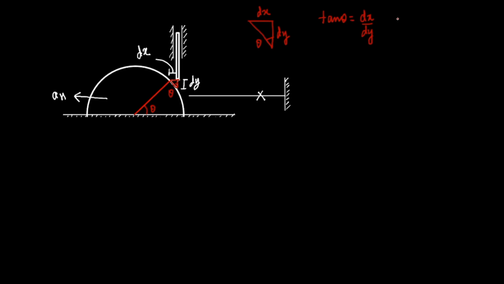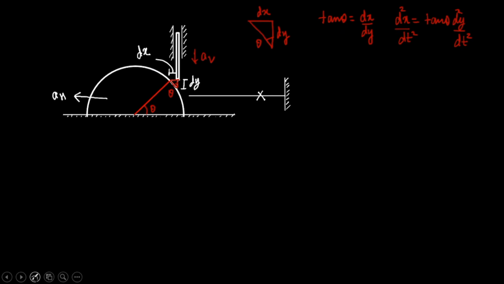So you can write dx is tan theta dy. If you differentiate with respect to time and do it twice, then you get the relation between AH, let us say the initial acceleration just after the string being cut of the rod is AV downwards.